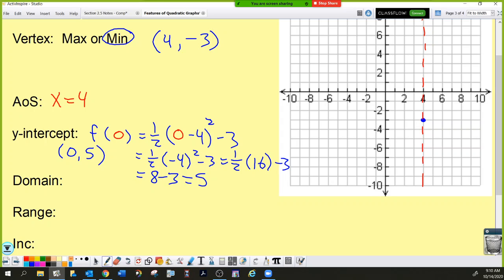That is right here. And what's great about every quadratic is that they are symmetric around the axis of symmetry. So if there is a blue dot 4 units to the left of right here, then there is a blue dot 4 units to the right of right there, like that, and you can just connect your dots.